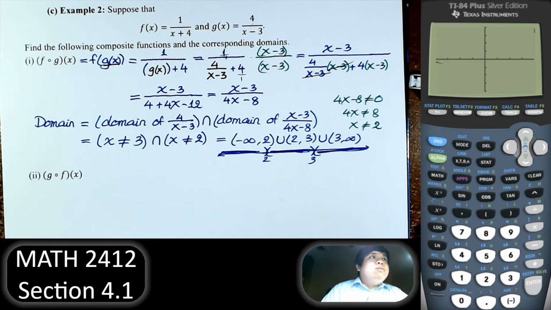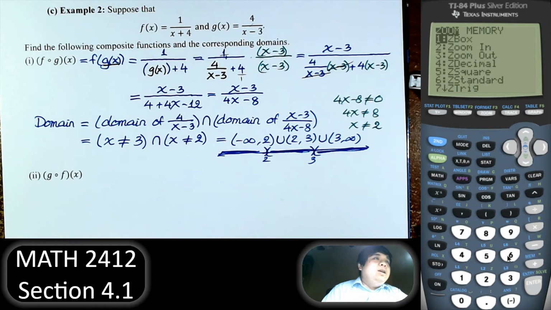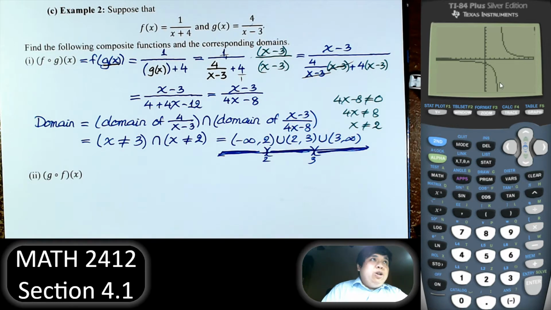See if it works. Okay. This is the right scale. So this is the original function g of x. X cannot equal 3, and that is the second function.